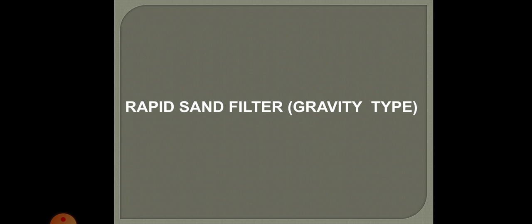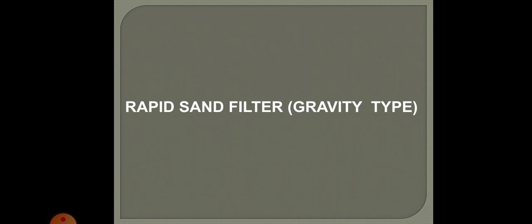So we know that a slow sand filter is called so because it has a very low filtration rate, and also we saw that a slow sand filter requires a large area for construction. A rapid sand filter can be differentiated from a slow sand filter in various aspects.